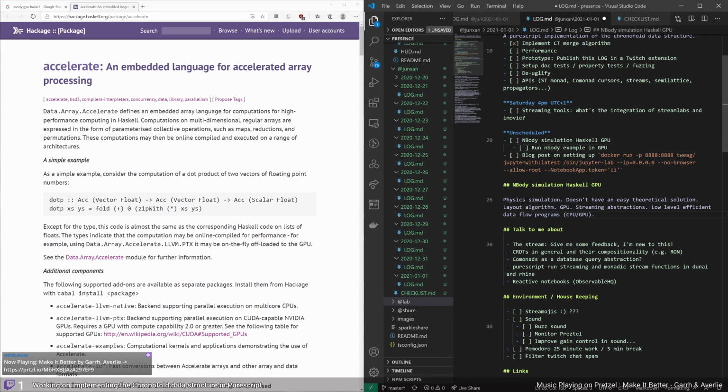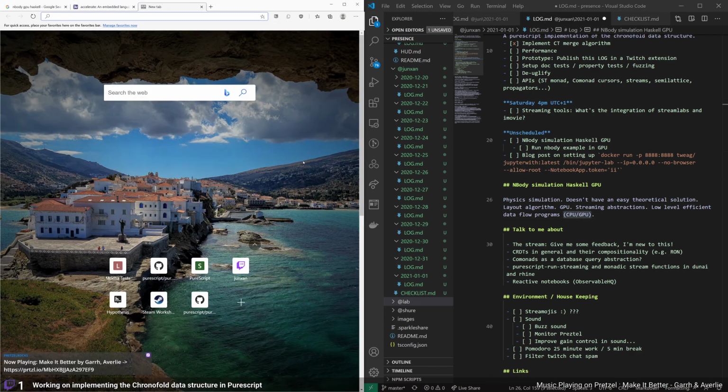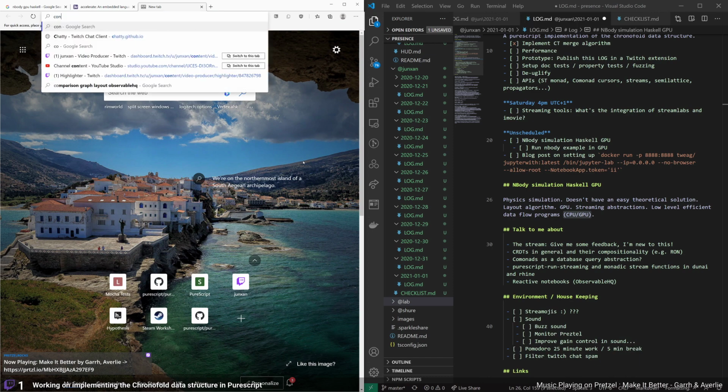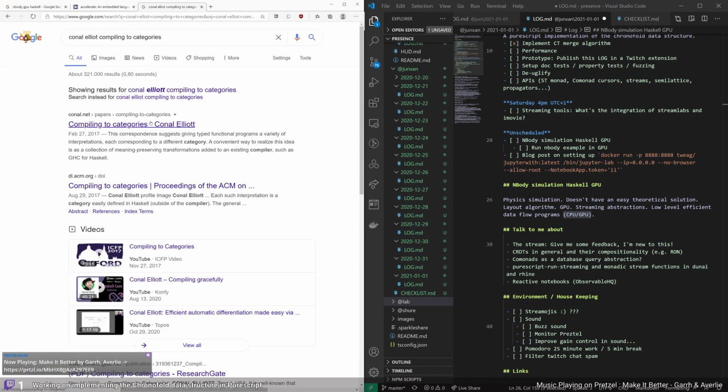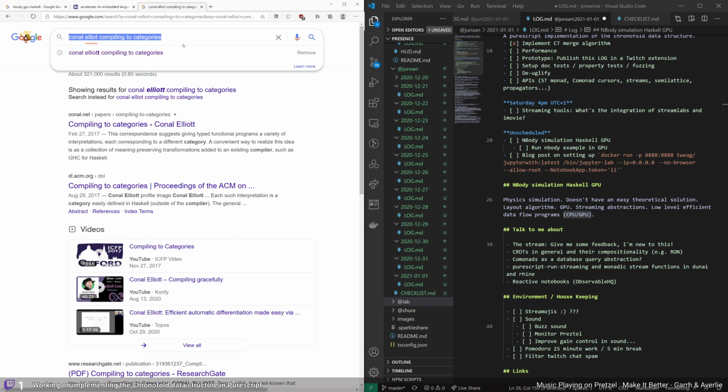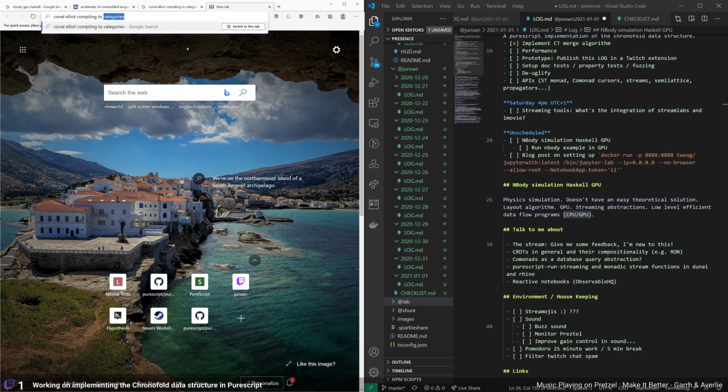Those are really nice things to explore there, because in the CPU, GPU world, there's beautiful work done by Conal Elliott on compiling to categories, which also aims at compiling to the GPU. And that's something that also requires a fair amount of tooling.